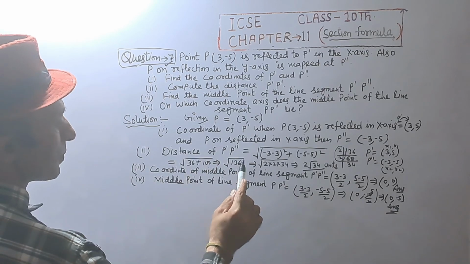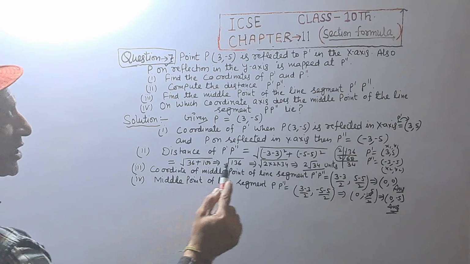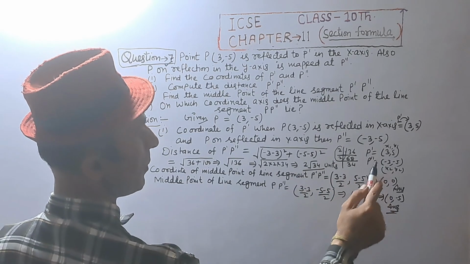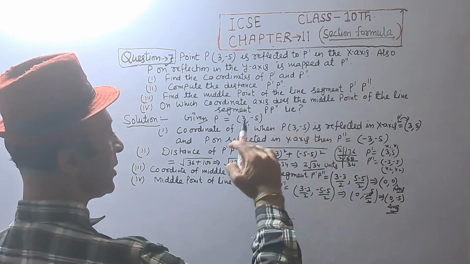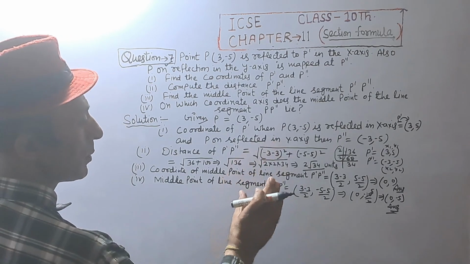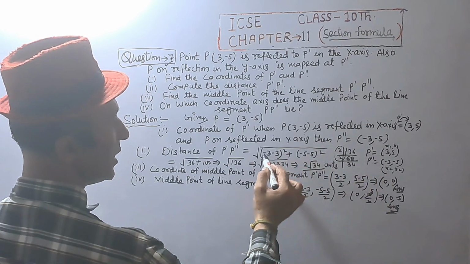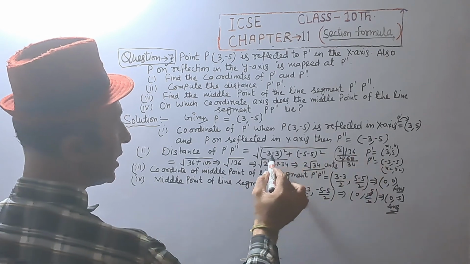And the distance of P dash, P double dash: P dash is (3, 5) and P double dash is (-3, -5). So we are using the distance formula, that is x2 minus x1 squared plus y2 minus y1 squared. x2 is minus 3 and x1 is 3.